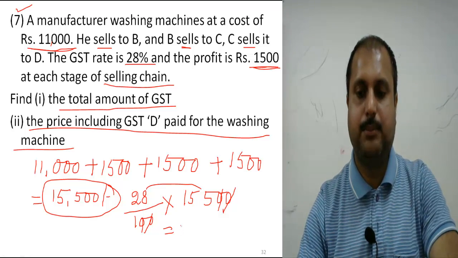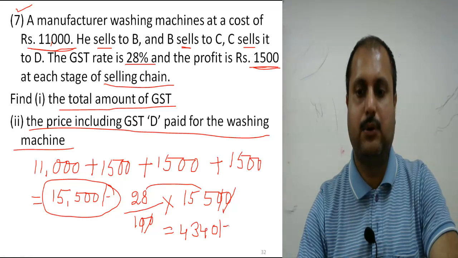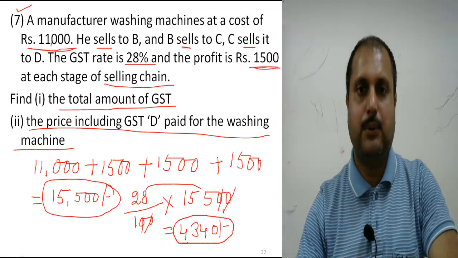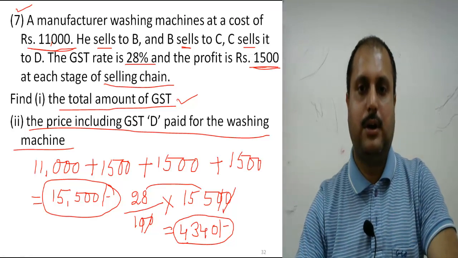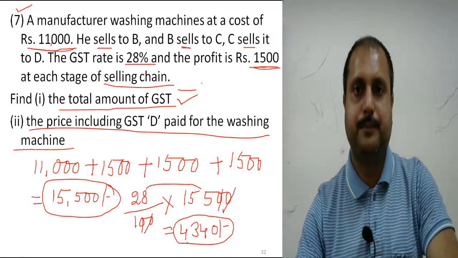If we multiply it, the amount would be 4,340 rupees. So 4,340 would be the amount of the GST.